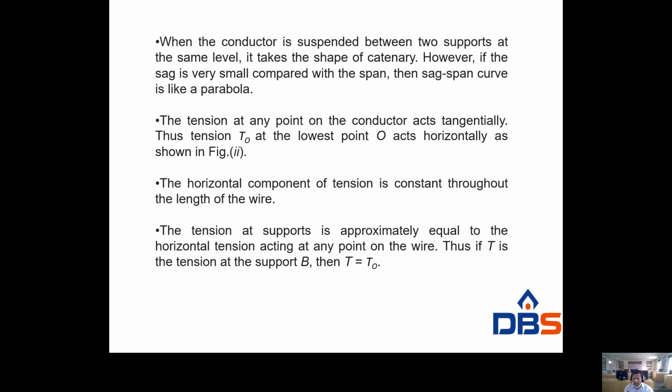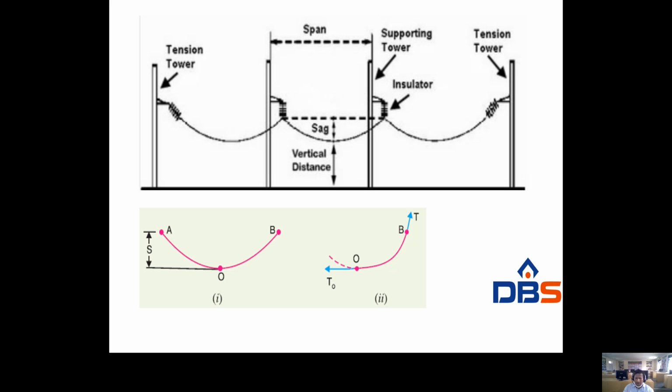However, the sag is very small compared to the span, and then the curve is like a parabola. That means sag is very low. Look at figure 2. Figure 1 gives the catenary curve, and figure 2 gives the parabola. When the sag is very low, the sag curve is a parabola.